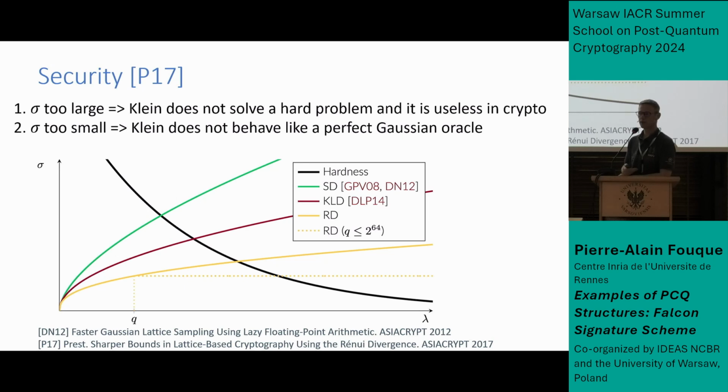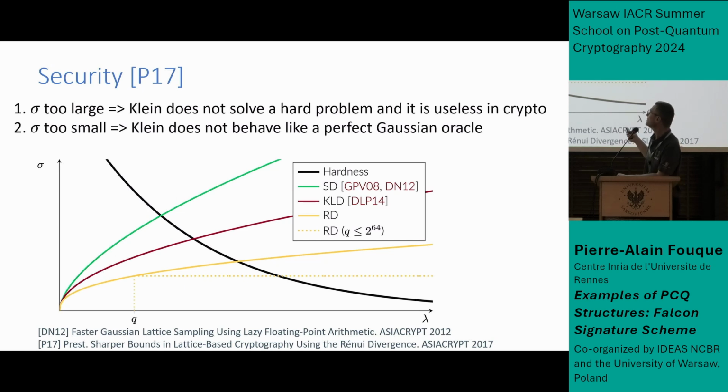The main idea of using Rényi divergence is that before, if you use only the statistical distance or the Kullback-Leibler divergence, it only takes into account the security parameter and not the number of queries that you are allowed to do.